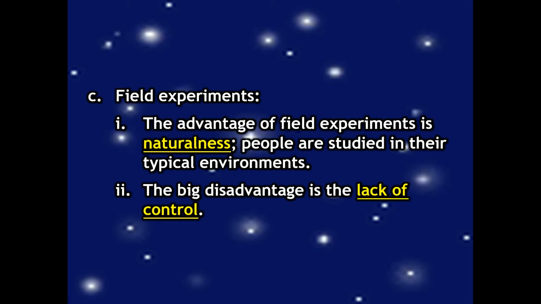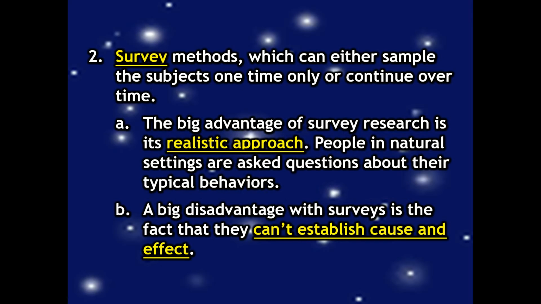You can't keep outside forces from coming in and possibly tainting the results. So you may not necessarily have the same sort of apples-to-apples comparison that you would have in a lab-based experiment.